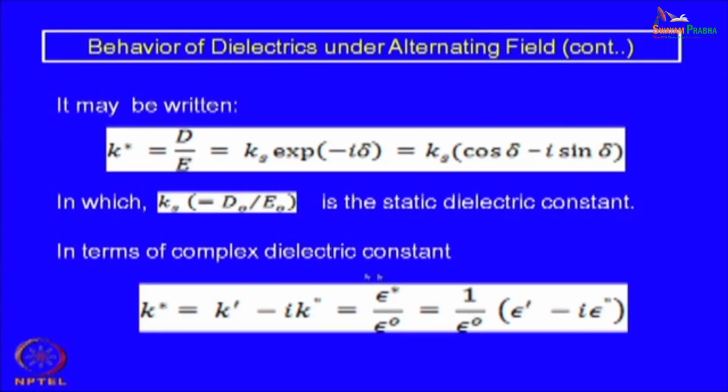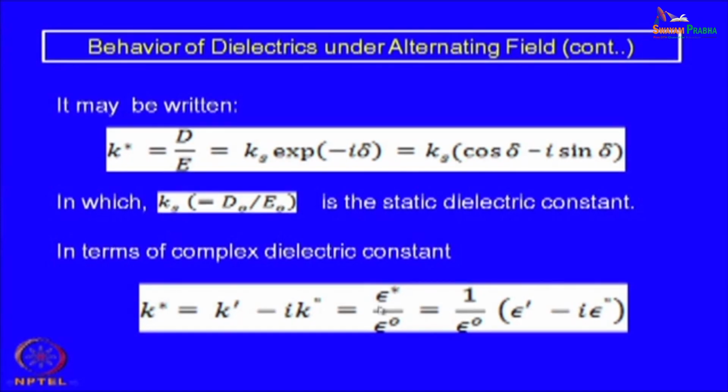In terms of the complex dielectric constant, κ* equals κ' minus iκ''. That is the expression of the complex dielectric constant, and that can be represented in this manner. Once again we can introduce a permittivity, which is a complex permittivity.